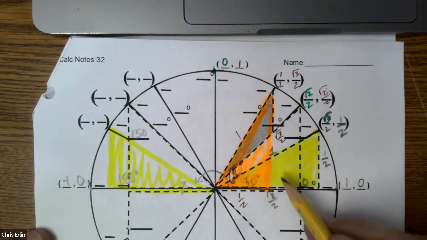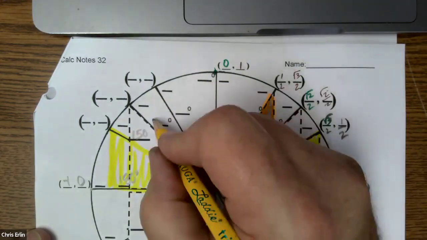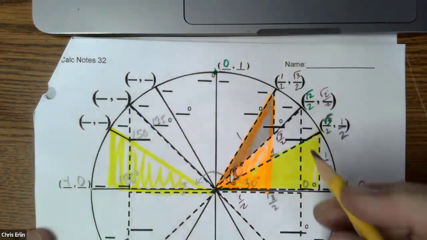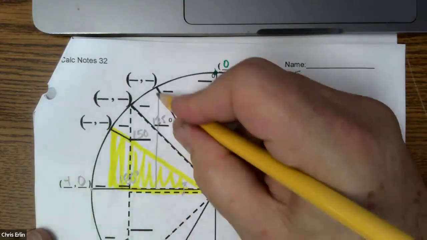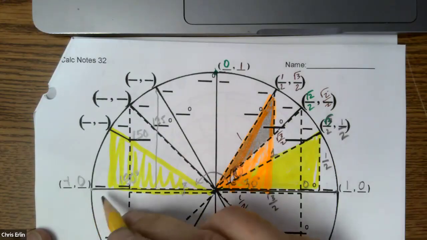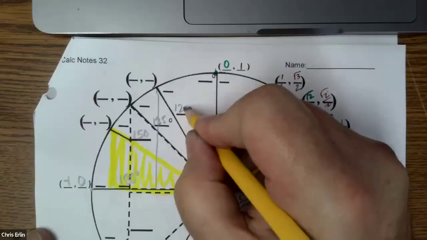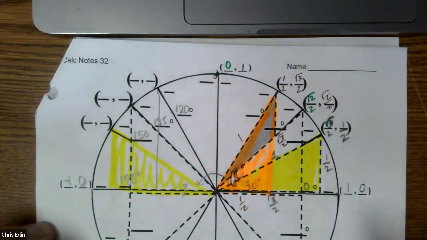And if I go back my 45-degree triangle, 180 minus 45, I get 135. And if I go back my tall triangle, my 60-degree, I'd say 180 minus 60 is what? 120.